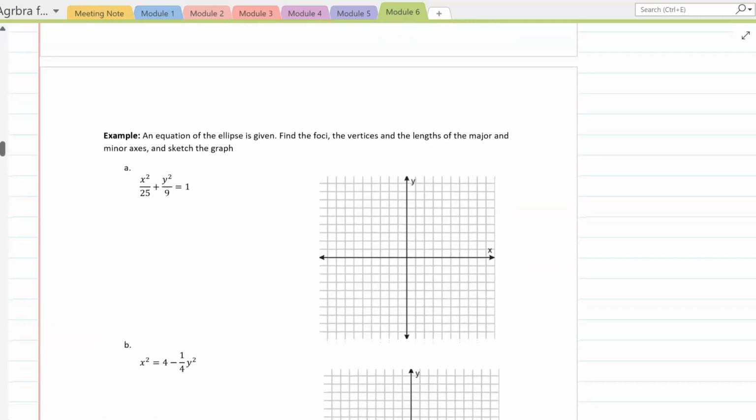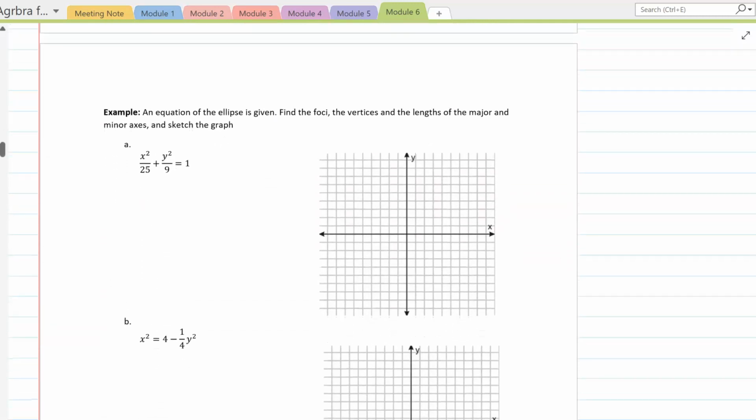An equation of the ellipse is given. Find the foci, the vertices, and the lengths of the major and minor axes, and sketch the graph. Looking at this equation, we have x squared divided by 25 plus y squared divided by 9 equals 1. 25 is larger than 9, right?